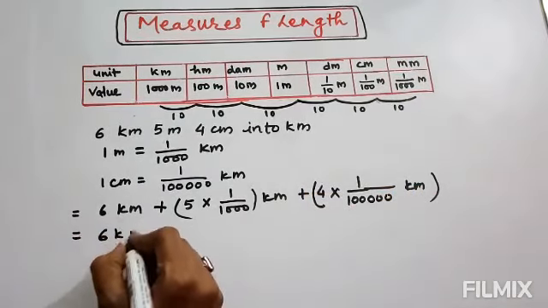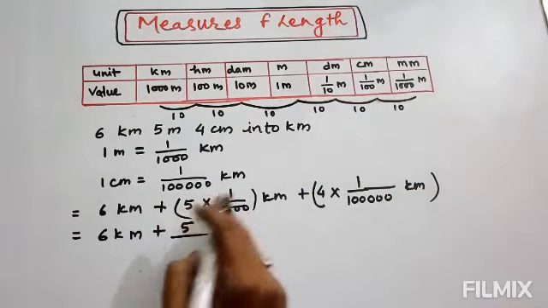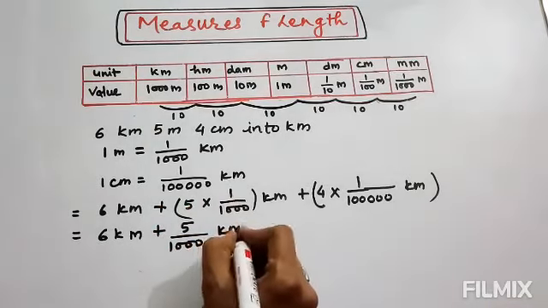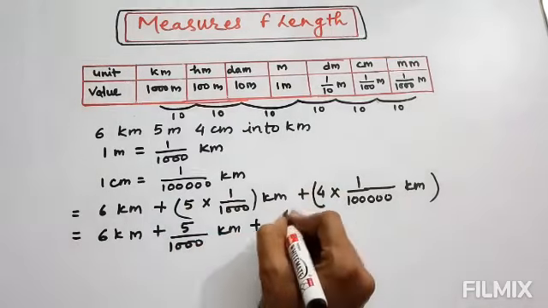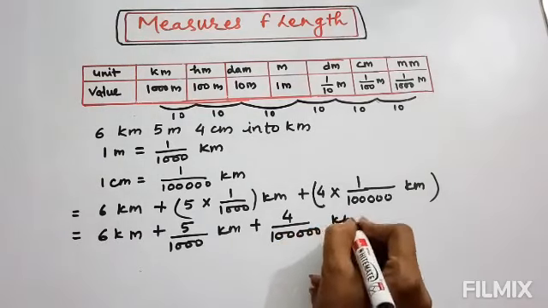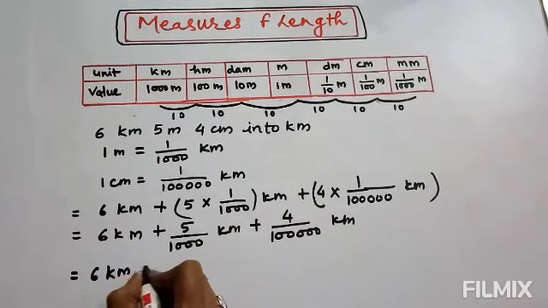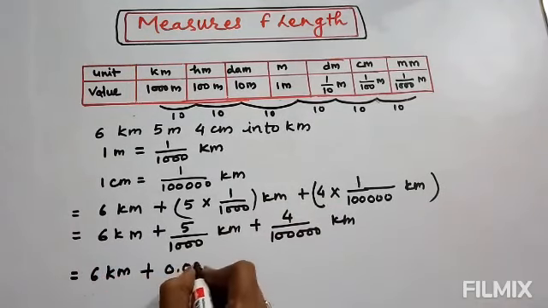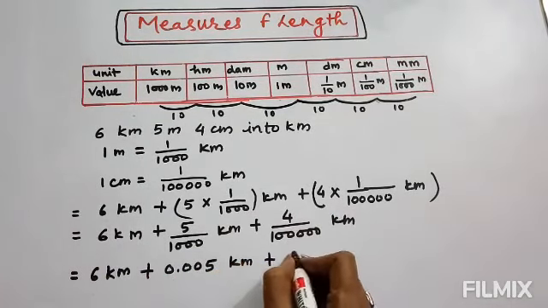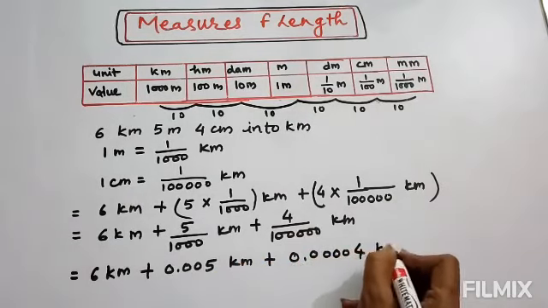6 kilometer plus, when we multiply 5 into the numerator, it comes to 5/1000 kilometer, and similarly it comes to 4/1 lakh kilometer. When we divide this, we get the quotient in decimal form. That will be 0.005 kilometer, plus in this we get 0.00004 kilometer.